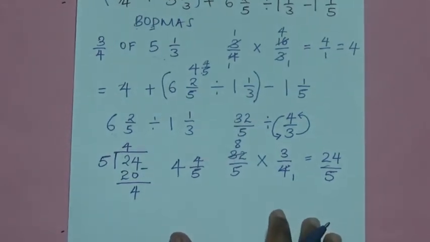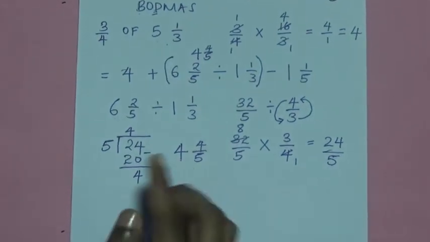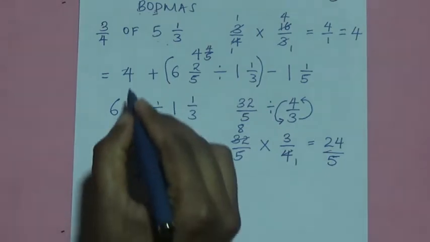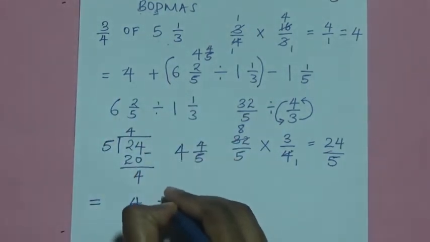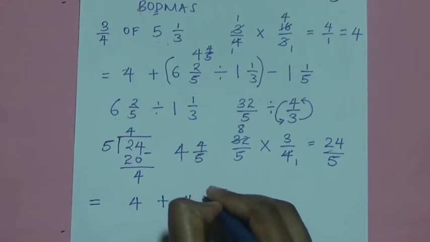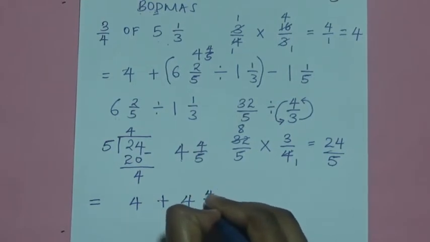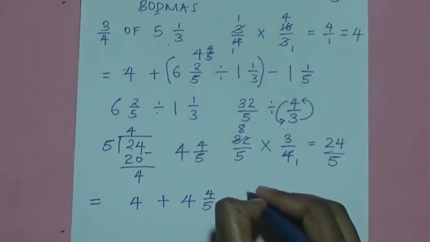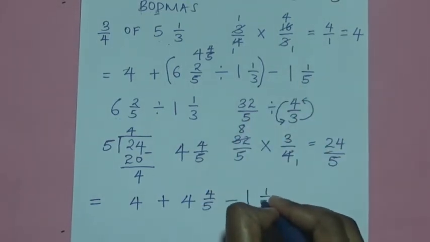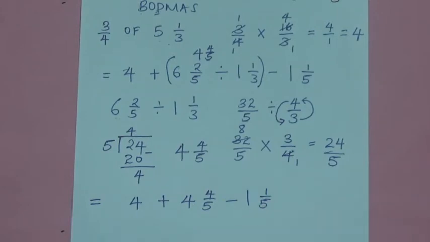Now we write down what we have. We have 4 add 4 and 4 over 5, and then you subtract 1 and 1 over 5.